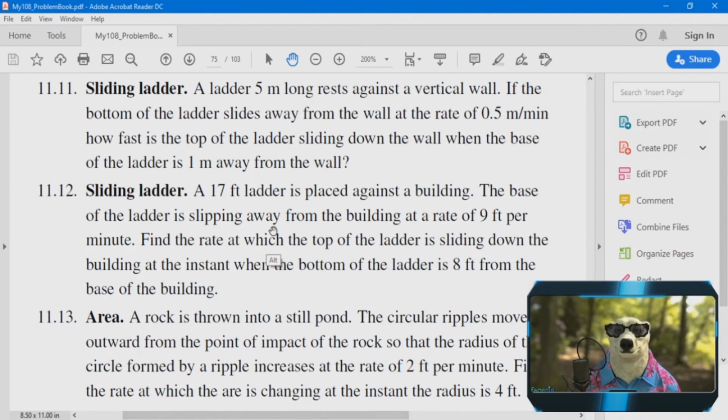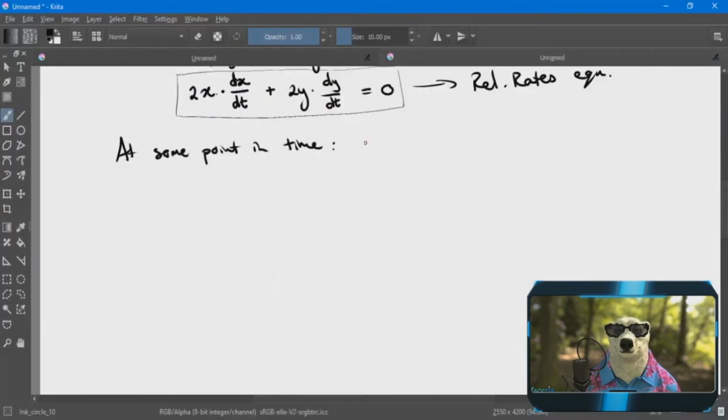They are telling me the bottom is sliding away at a rate of 0.5 meters per minute. The bottom, so that is x, changing at a rate of 0.5 meters per minute. So we're given dx dt is 0.5. I'm not going to write the units every time. Our units will always work out. We don't have to worry about that.